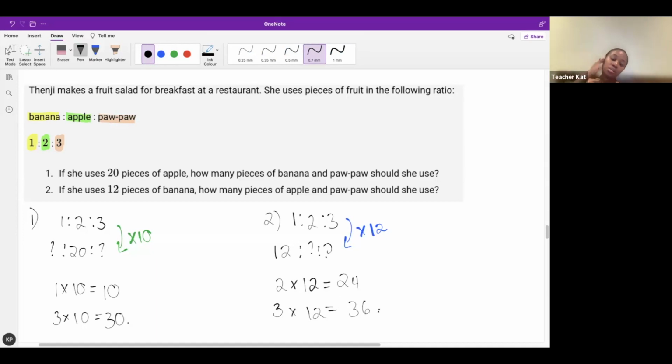36. Okay, so I want you guys to be a little bit careful here. The question is asking you how many pieces of each thing does she need or does she use? If you give that answer as a ratio like most of you are doing now, your teacher might not give you that mark. You must go and do the calculations here and say, I need 24 apples and 36 pawpaw.